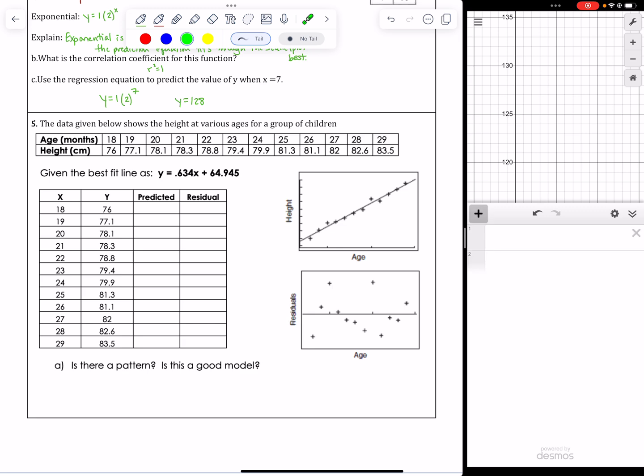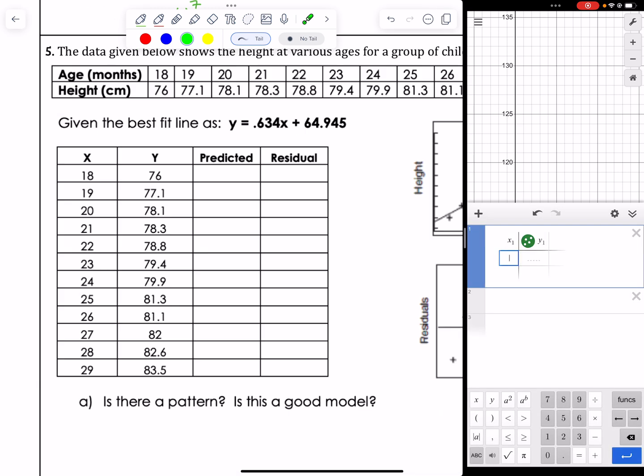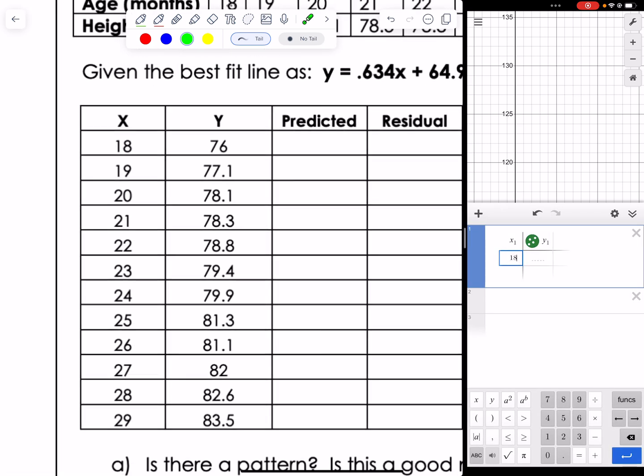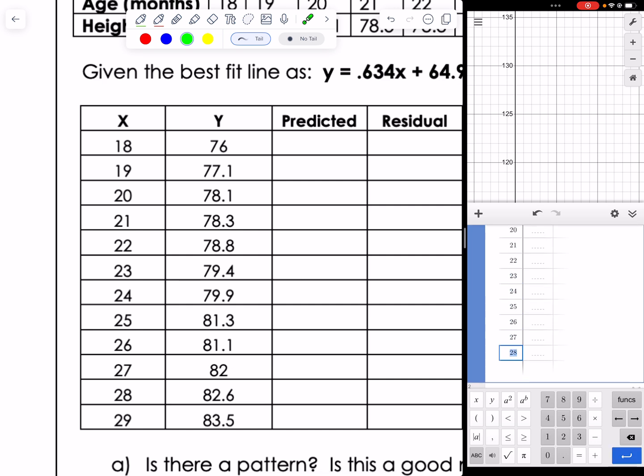First, I'm going to clear everything out and type in my data again. So, let's see. We have 18, 19, and then I think it just goes up by 1 until I get to 29. All right, so then I'm going to type in the y values.